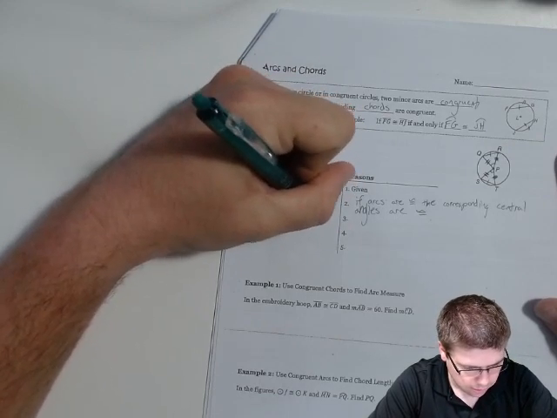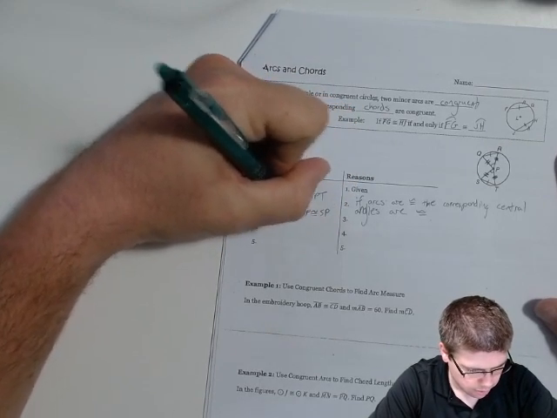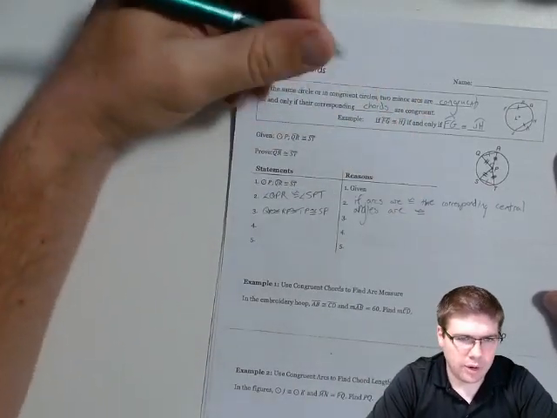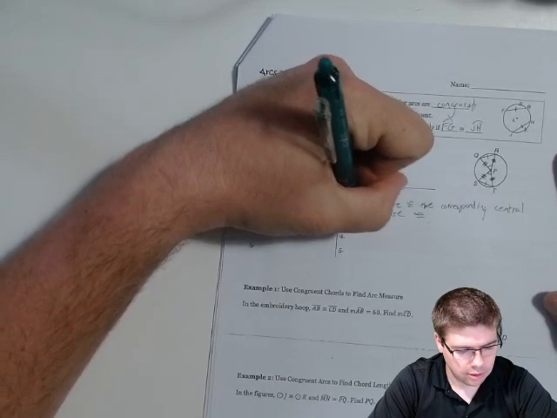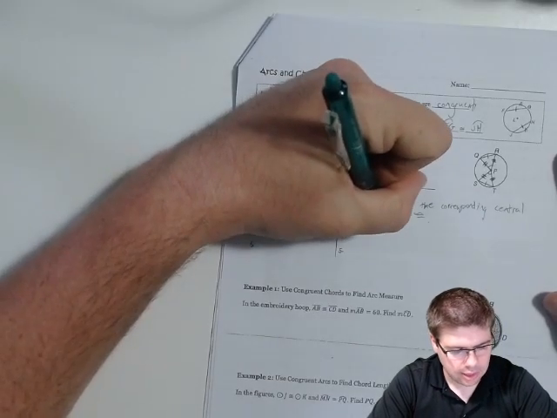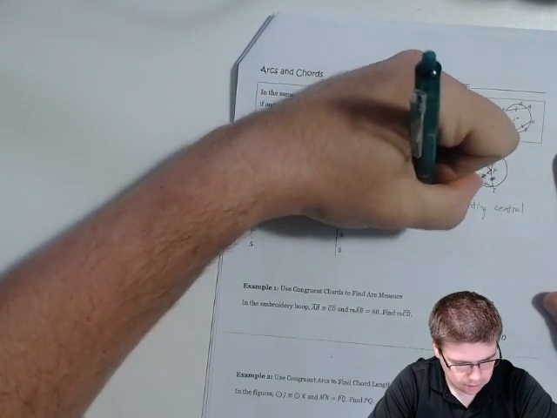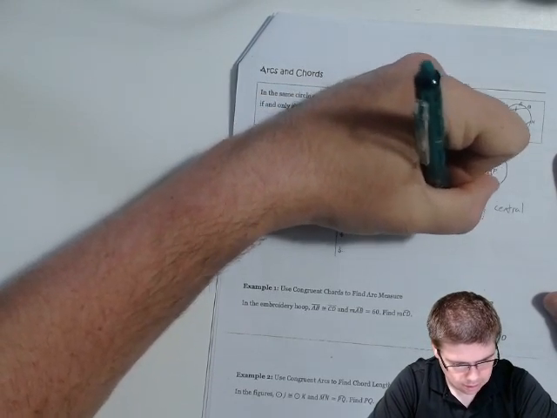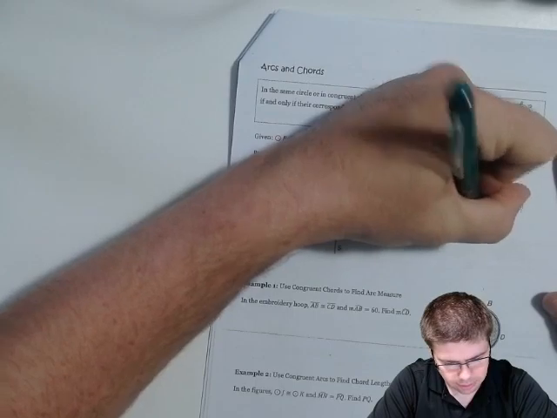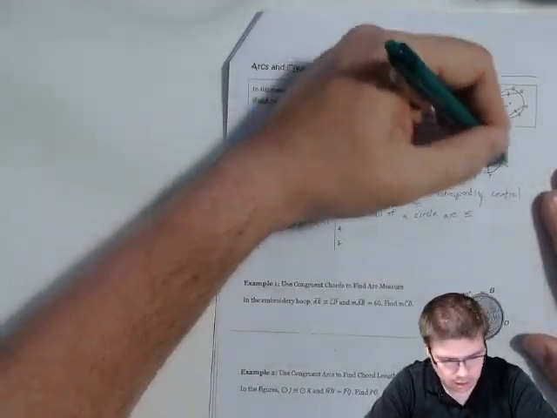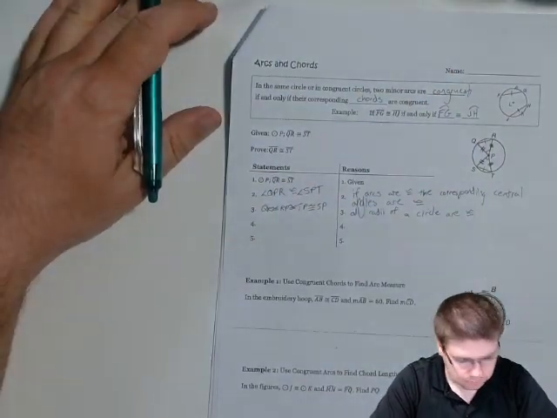They're all congruent, because all radii of a circle are congruent. It's kind of the definition of a circle, right? It's all where the radius is constant. All those points are the same distance away.